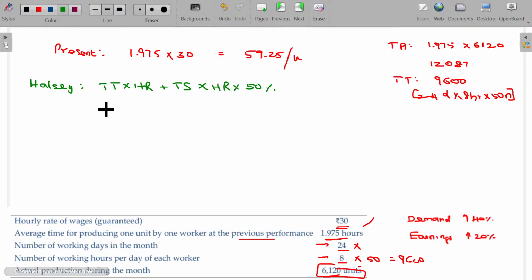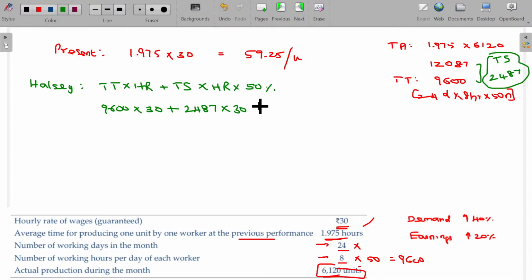Time taken being 9,600, hourly rate being 30, time saved, the difference between these two, being 2,487, into hourly rate 30 into 50%. 3,25,305.